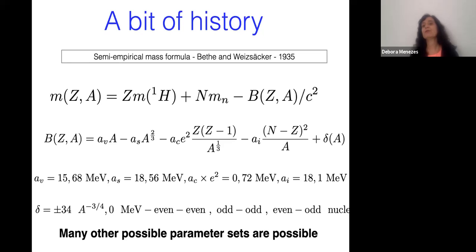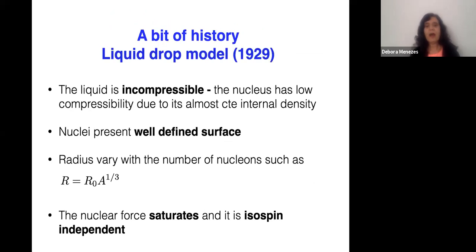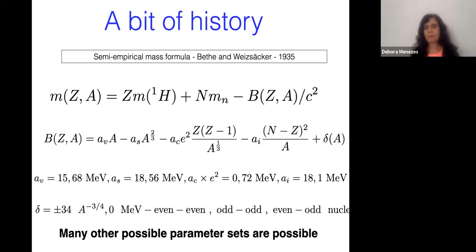The first one is called the volume term, because as I have just said, if R is R0 times A to the 1/3, then 4/3 pi R cubed is proportional to A. So this is the volume term. Then, of course, R squared is proportional to A to the 2/3. So the first is known as the volume term, the second is known as the surface term.